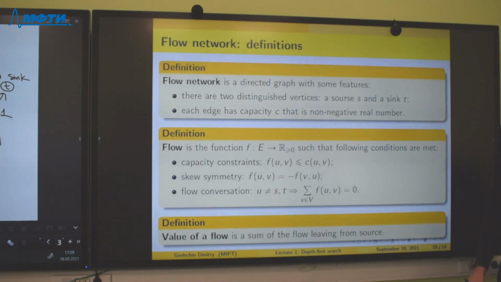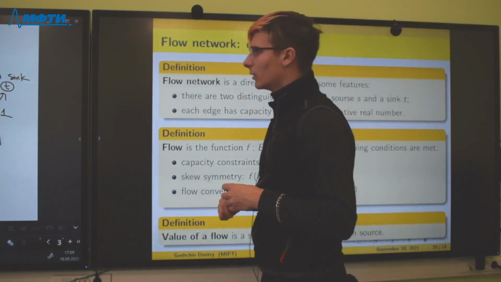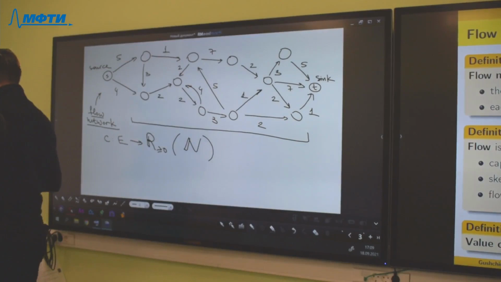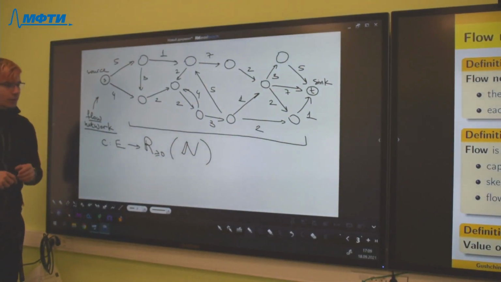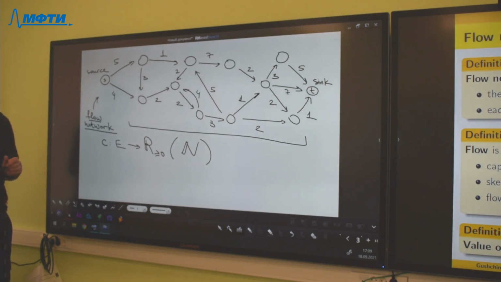It's understandable. For example, you can try to understand a flow network as a transport network. Or for example, you can represent the vertices as cities and edges like roads between cities, and you have constraints of the roads of your country, for example.